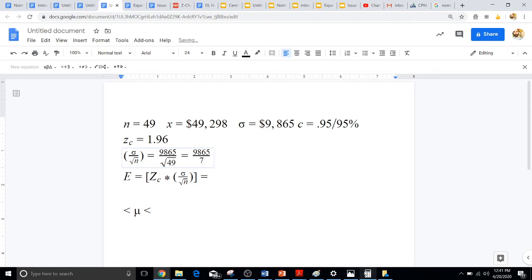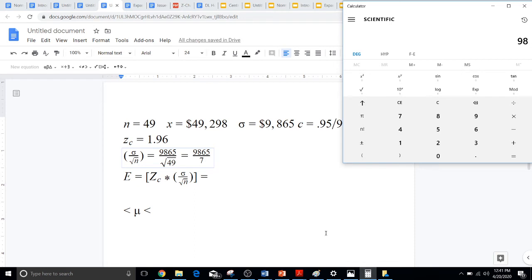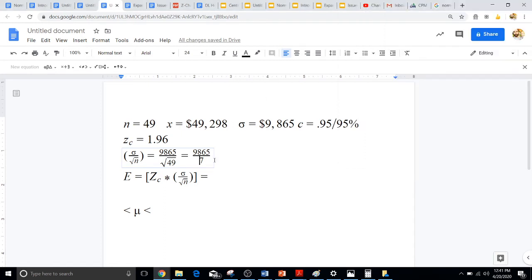We can do that on our calculator. 9,865 divided by 7 does give us approximately $1,409. So we'll write that out here. Equals $1,409. Once we get this number, this is our standard error. We already know what our critical value is, so we can plug these in now. Our critical value was 1.96.